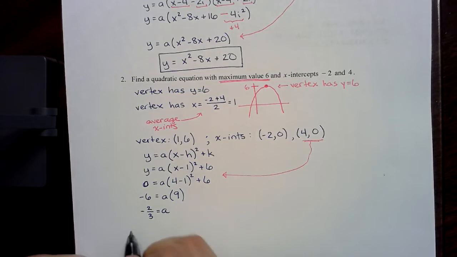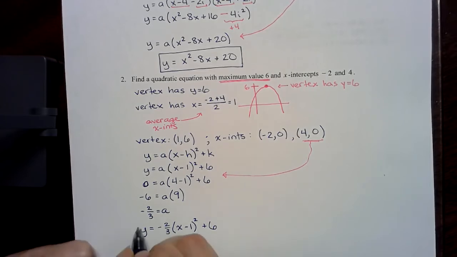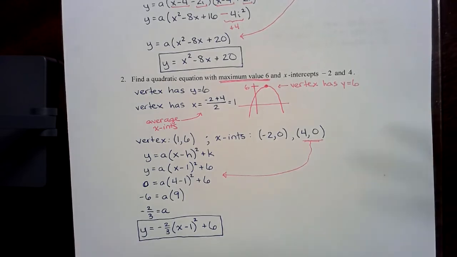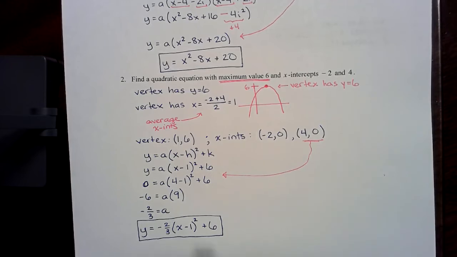So that's going to give me a final answer here of y equals -2/3 (x minus 1) squared plus 6. And unless the directions in your problem tell you otherwise, you can leave it in whatever form you used to find it.